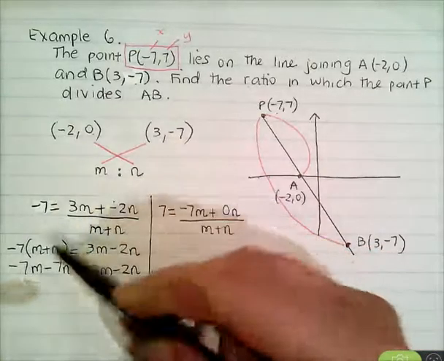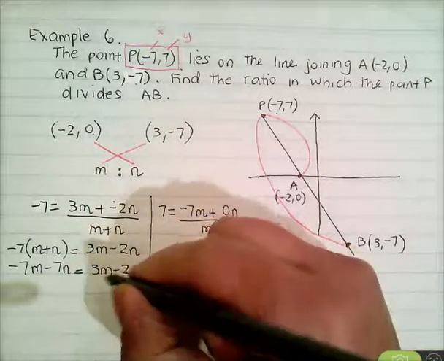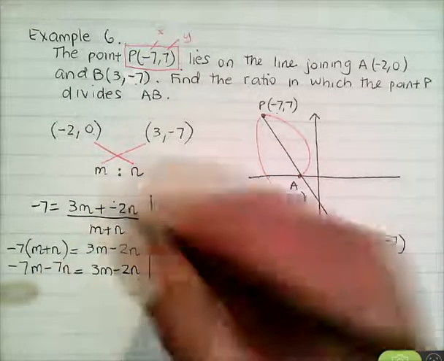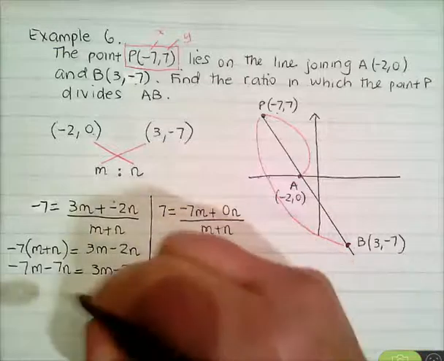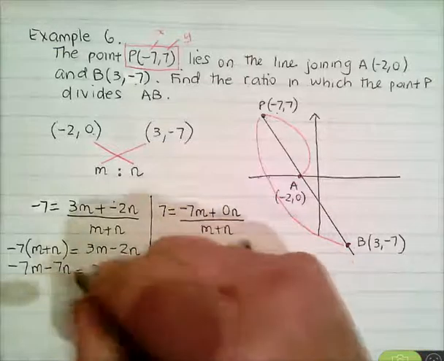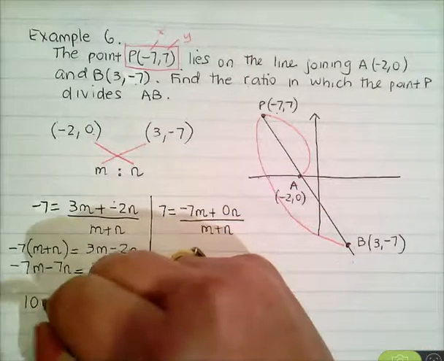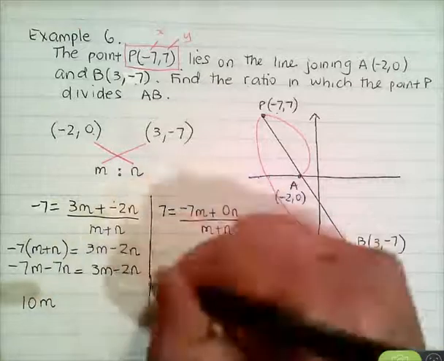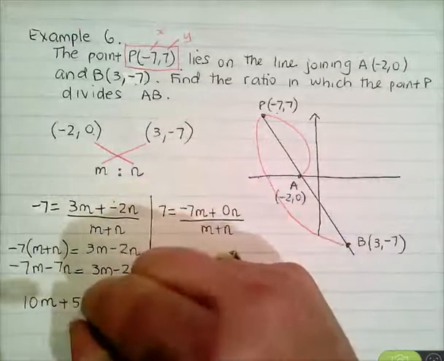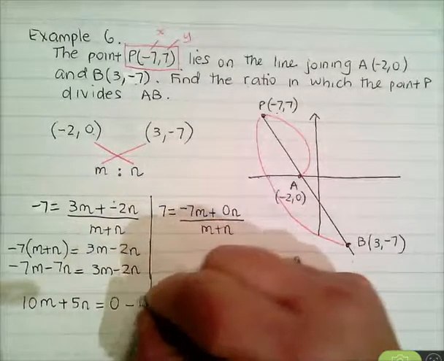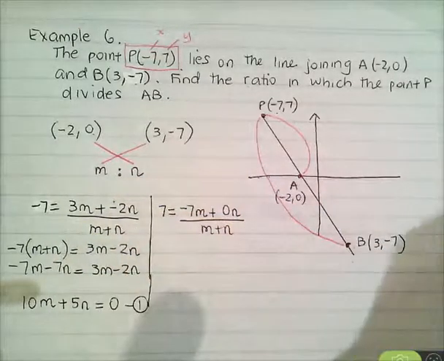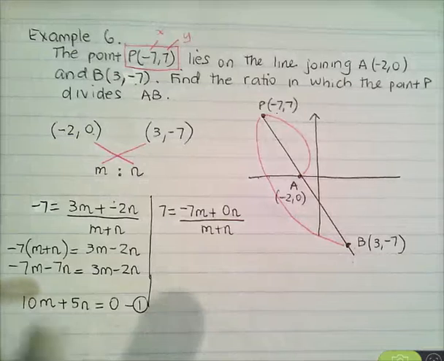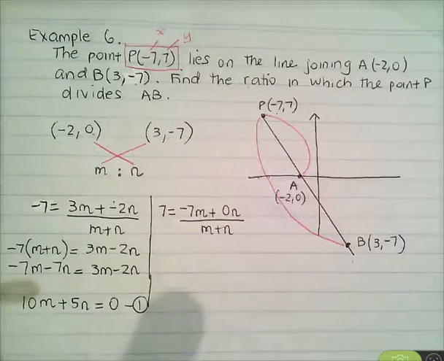I'm going to take everything over to the right hand side here, because then they'll all be positive, and I get 3m plus 7m is 10m, and -2n plus 7n is plus 5n, equals 0, and I'm going to call that equation 1. Now we've got two unknowns here, so we're going to actually have to set up simultaneous equations.